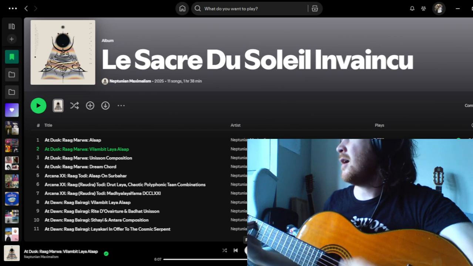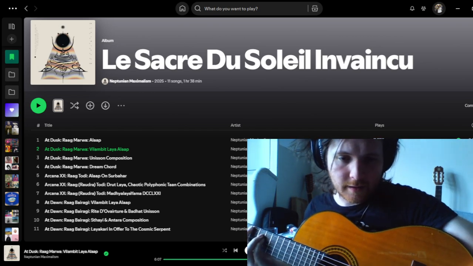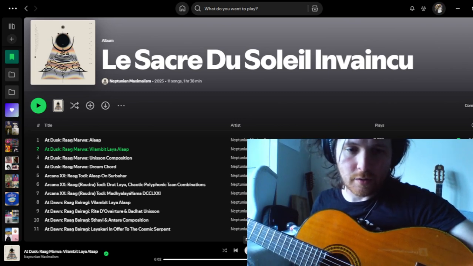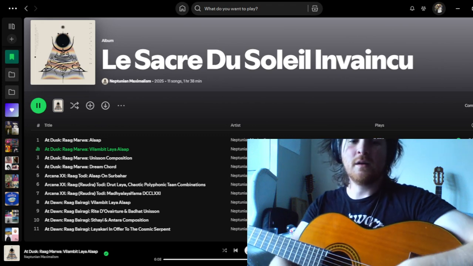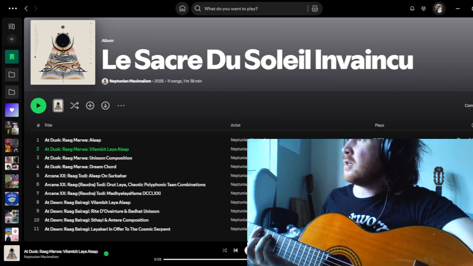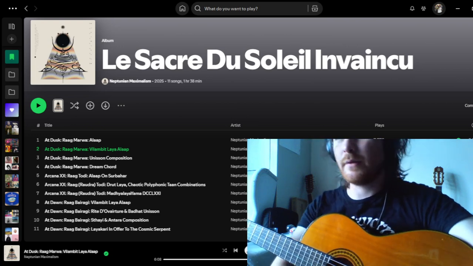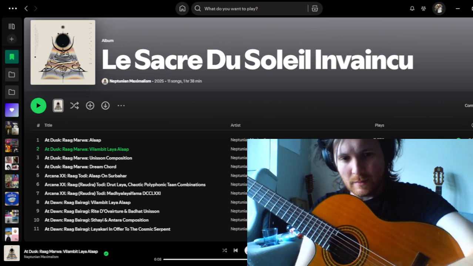Okay, so that was something like that, going in and out of accordance with the chord. Oh, it might have been actually, which would be fitting with the appropriateness of how the melodies are meant to go.